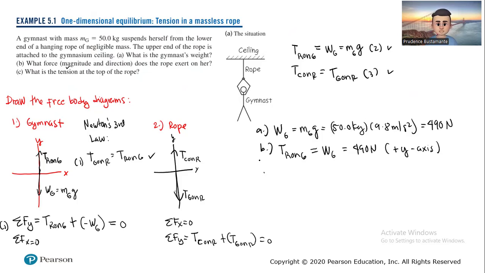Okay, for letter C, what is the tension at the top of the rope? So this is actually asking for the tension of the ceiling on the rope.